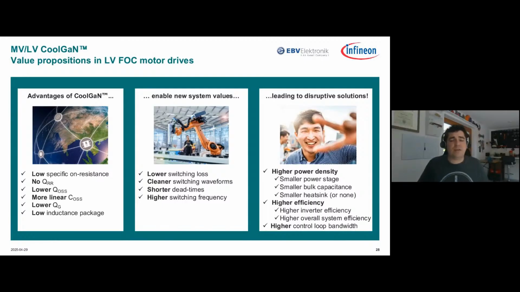Now, this would be true even if we wanted to keep the switching waveforms at the same slew rate. If we wanted to have 5 volts per nanosecond, 10 or 20 volts per nanosecond, the switching losses will already be lower because of the lower QOSS and the lack of QRR. But because the COSS is so linear, and because we don't have those minority carriers fighting against us, we can also make the switching waveforms very clean.